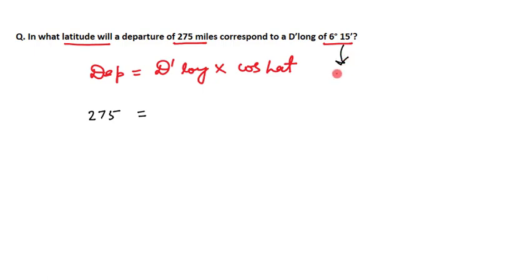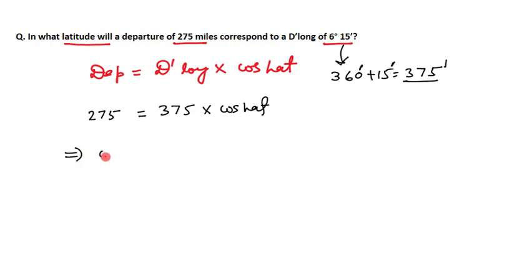Well, we can convert this into minutes: 6 degree is 360 minutes, plus 15, that is 375 minutes. Okay, let me just correct, this is 360 minutes plus 15 minutes, so 375. So 375 into cos of latitude.